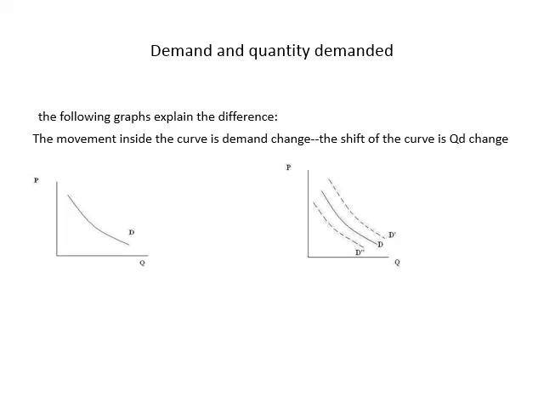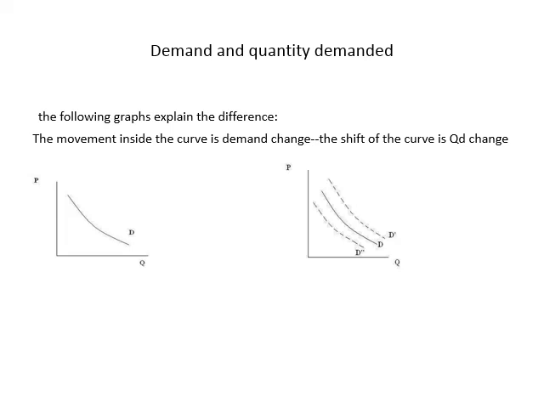But if the price is constant and income increased, then the curve will shift to the right. On the other hand, if the price is constant and income decreased, then the curve will shift to the left.